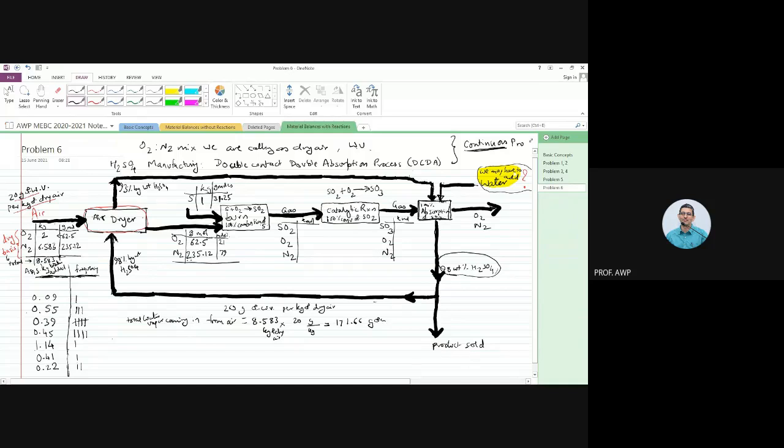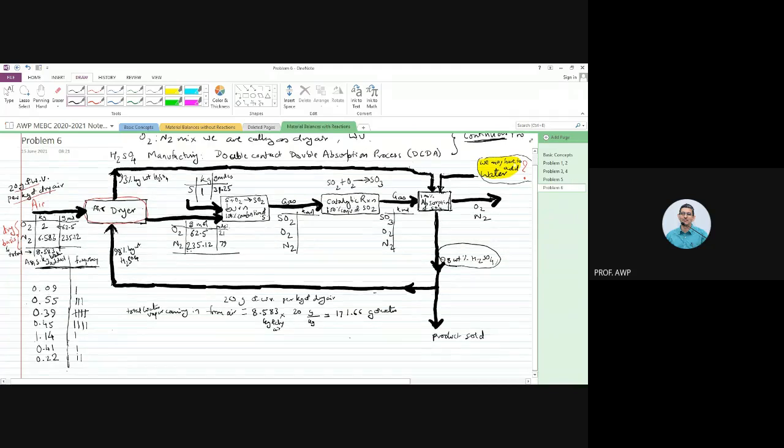Right? Now we take this red thing, the air dryer, as a control volume. Nitrogen we have taken care of, oxygen we have taken care of, that is anyway remaining unreacted. So all we have to do is a water balance across this sulfuric acid coming in and going out.